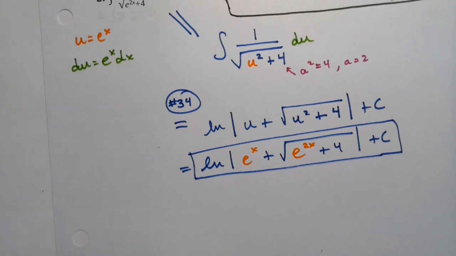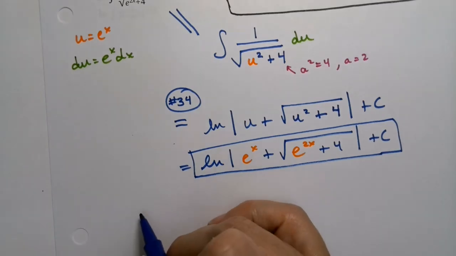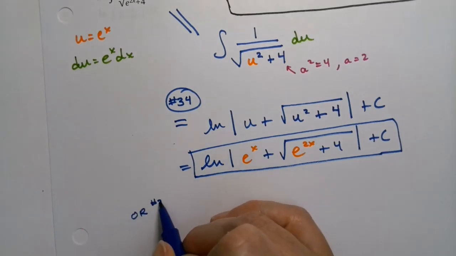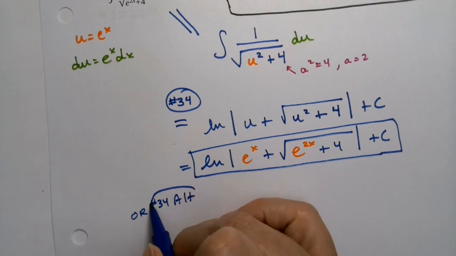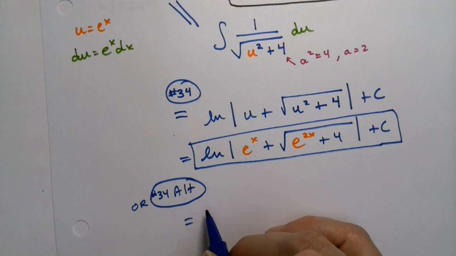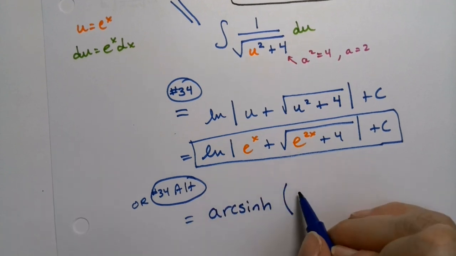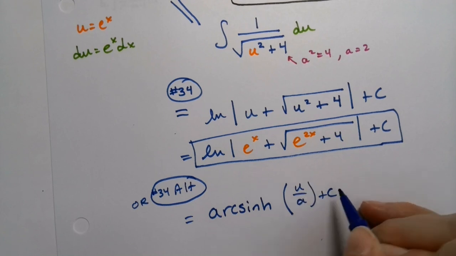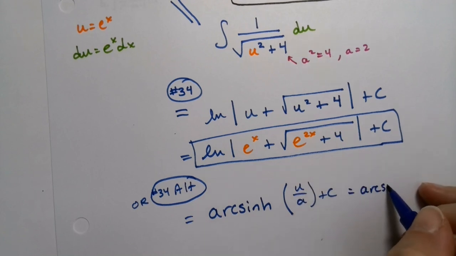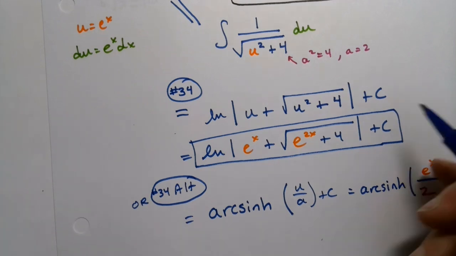Alternatively, we could have used the 34 alternate. So we could also say, or number 34 alternate, and it would be arc sinh of u over a plus c, which would be the arc sinh of e to the x over 2 plus c.